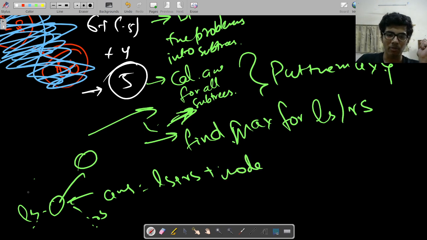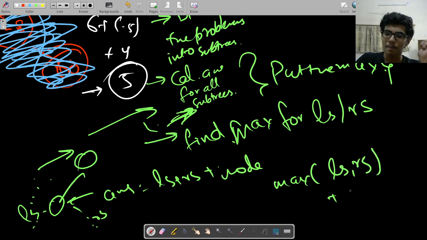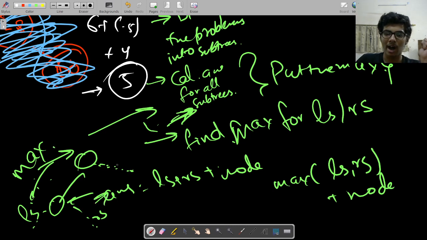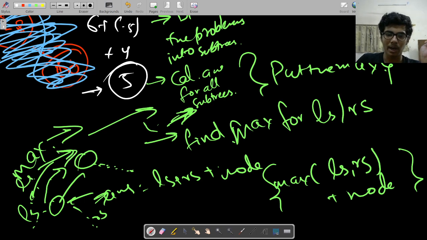But for this node, what I want is the maximum of LS comma RS plus the node, because it has some other tree also, some right subtree also. So I want the maximum of them. Since I want the maximum answer, I will take the maximum of these two plus the node. So it will give me the maximum for the left subtree.